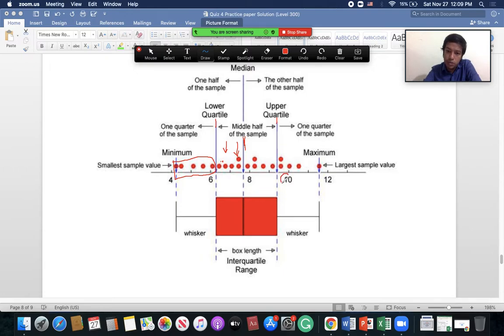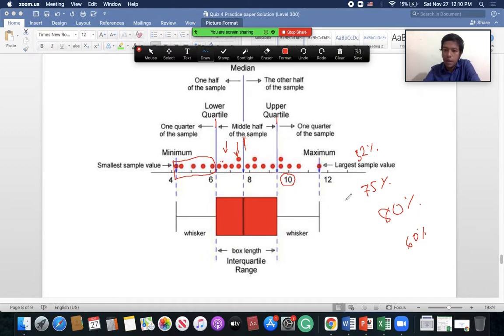Suppose I ask you, this 10 is in how many percent of the data, and then I give you options: 10 is in the 75%, 10 is in the 80%, 10 is in the 60% data, and 10 is in the 52% data.